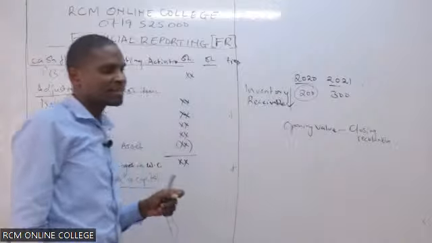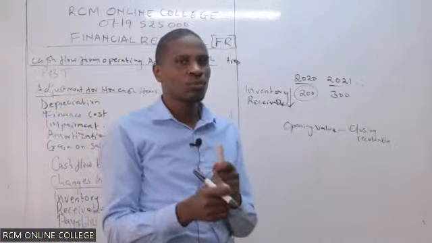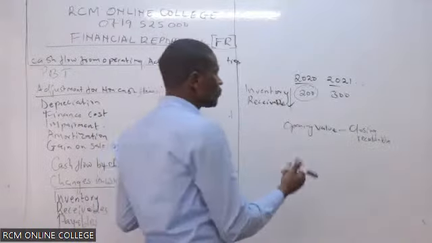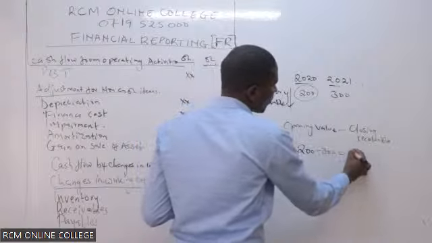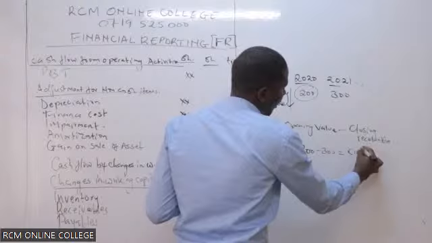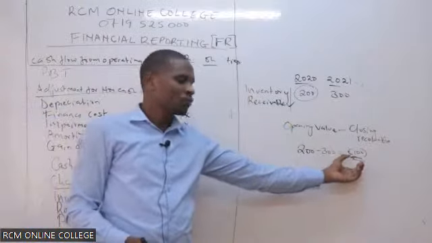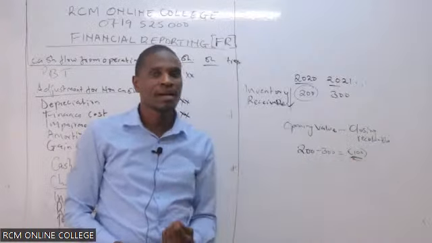If you get a negative, you record it as a negative, showing that it is an outflow. If you get a positive, that means it's an inflow. So in our case, we have 200 minus 300, which gives me minus 100. That means an outflow of cash of 100. That means they purchased inventory worth 100.